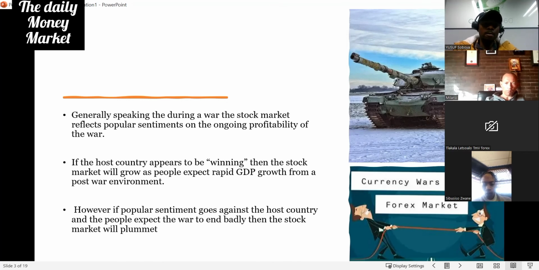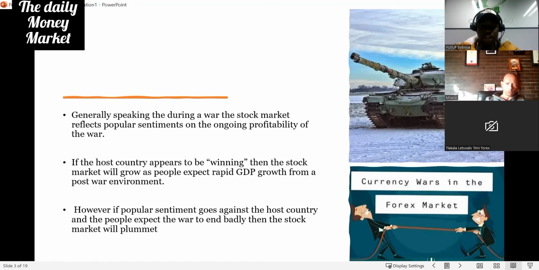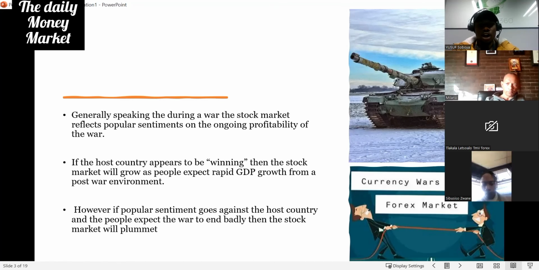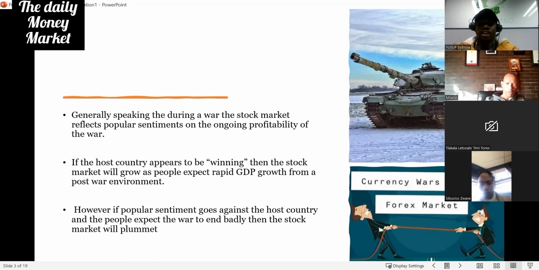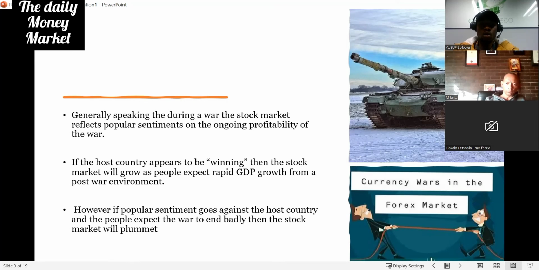However, if popular sentiment goes against the host country of that specific conflict, and people expect the war to end badly, then the stock market will go all the way down. So two things can happen. The stock market can rise all the way up, spiking, or the stock market can go all the way down.